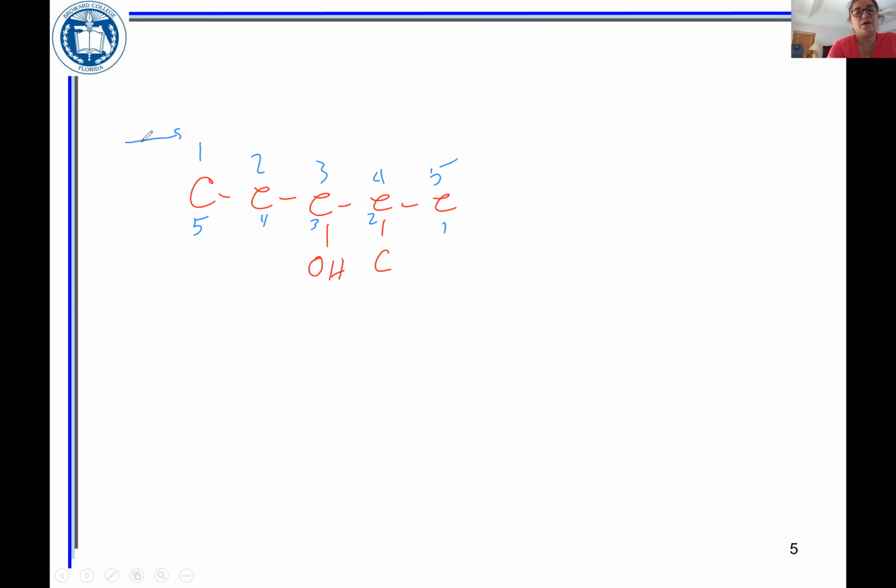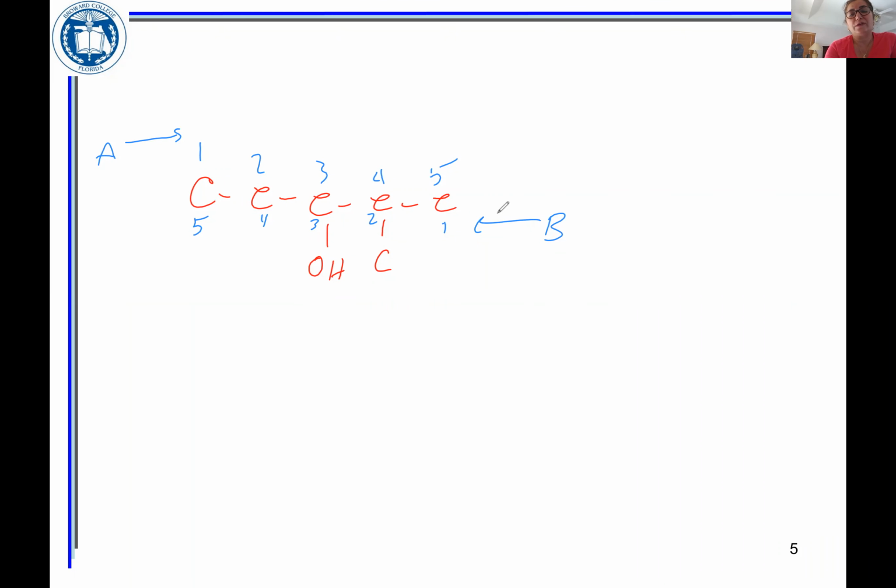From left to right, A, or right to left, B? Which one would be correct? In either case, the OH is going to be on carbon number 3. I was looking at the chat box to see if you have an answer there.